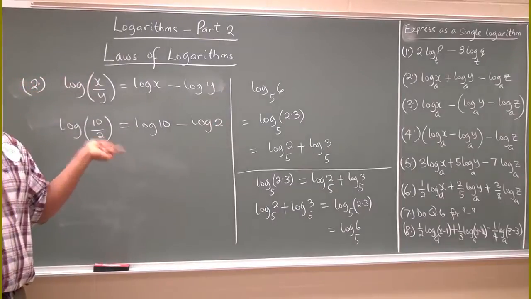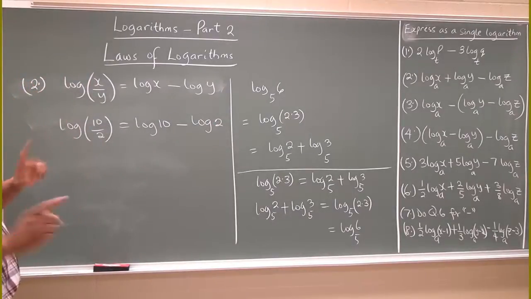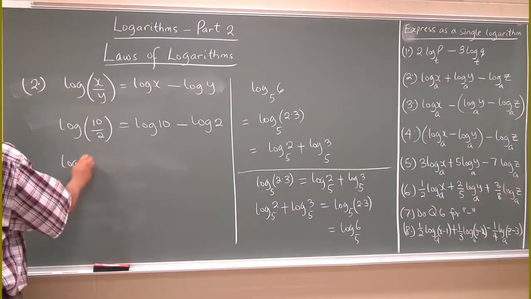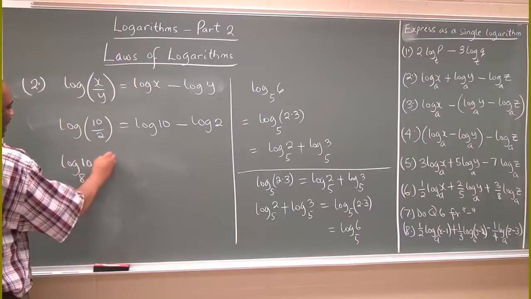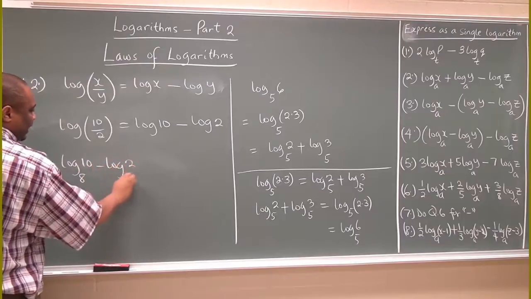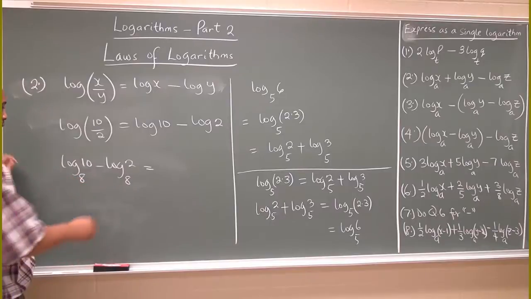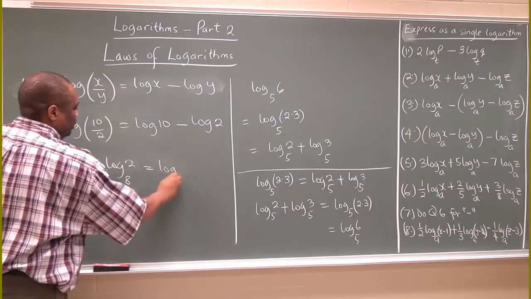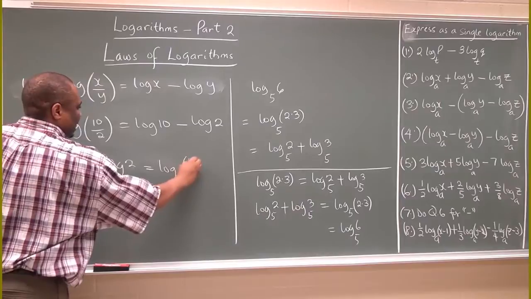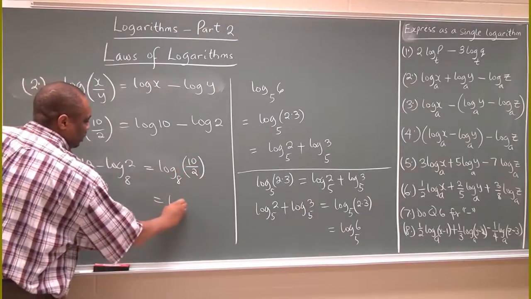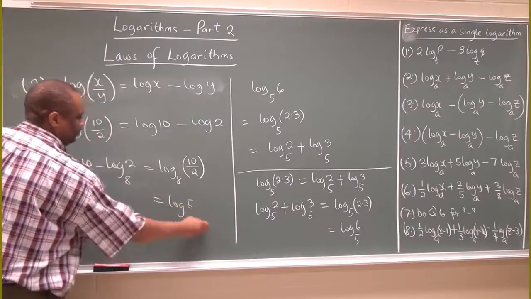And you can also do it vice versa. It could also be the other way around. If you have log 10 base 8 minus log 2 base 8, then you bring out the base. This is base 8. This will be log base 8 of 10 divided by 2, and that will give you log 5 base 8.